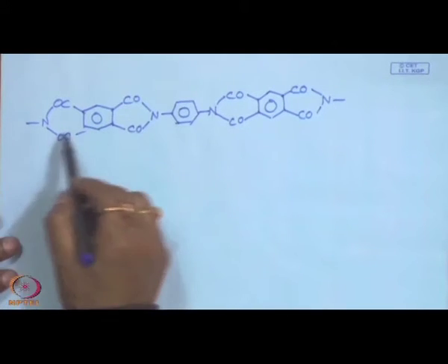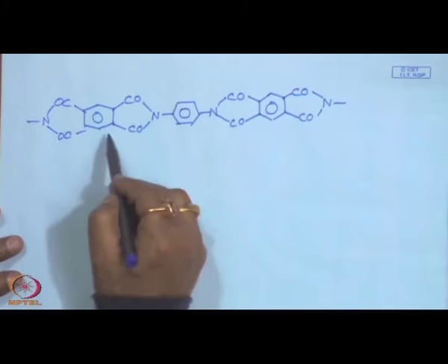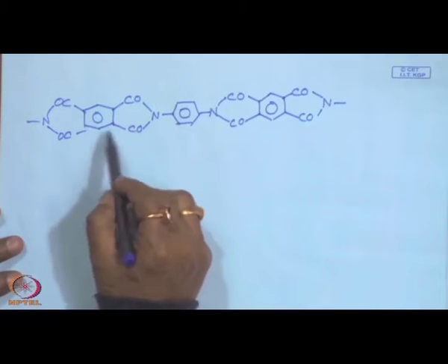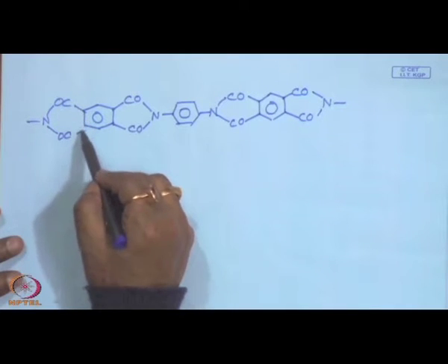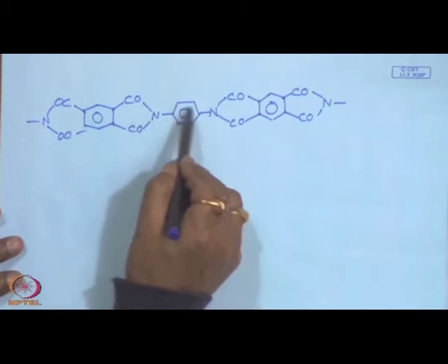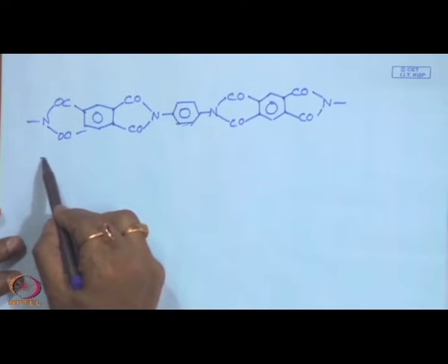So, you see the backbone of this polymer molecule is rigid, having this ring configuration: imide ring, phenyl ring, imide ring, phenyl ring, imide ring, phenyl ring. So, we can consider this molecule like this.